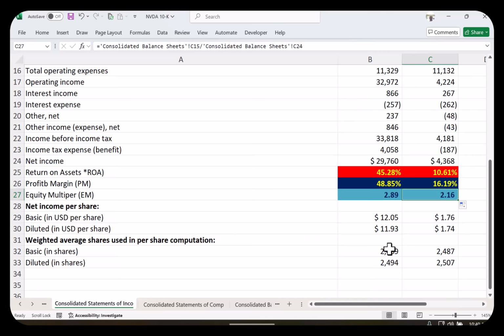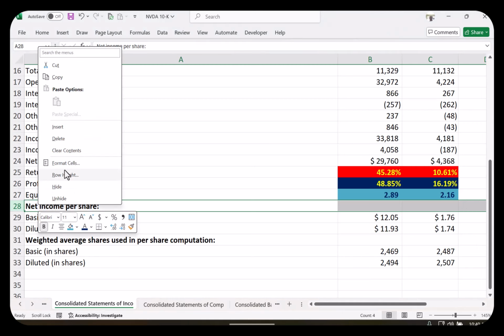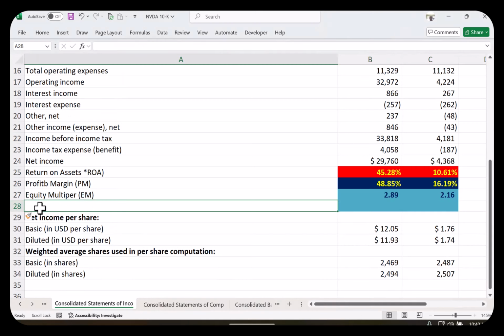So things also have kind of improved in that sense. Their EM was 216 back in 22. Now it's 289. They are more leveraged now, which should tell you that even provides another contribution to ROE. And I can calculate ROE directly or using DuPont.